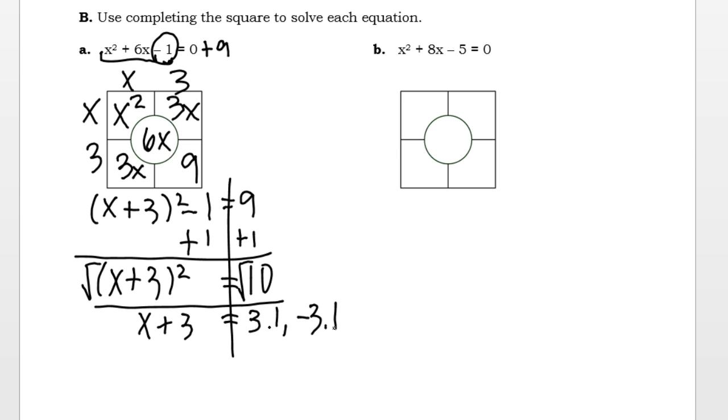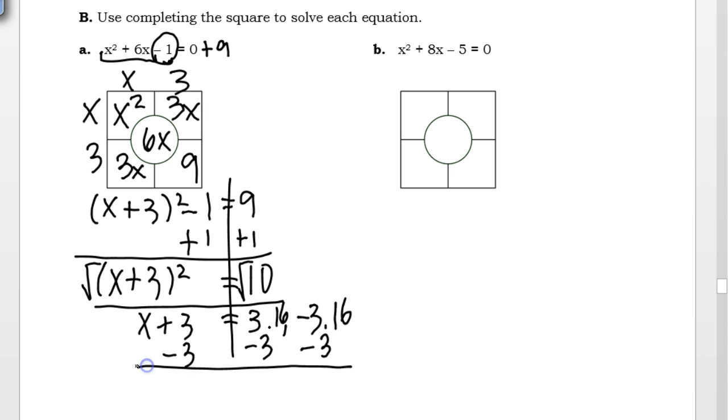We should round that right, huh? That's better. And then we subtract from both sides, and when we do that, we subtract from all the pieces. So we have a 0.16 and we have a negative 6.16 for our two answers.